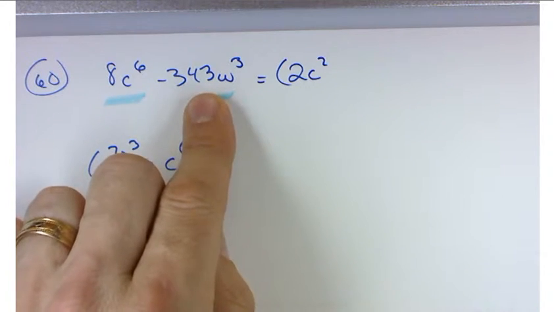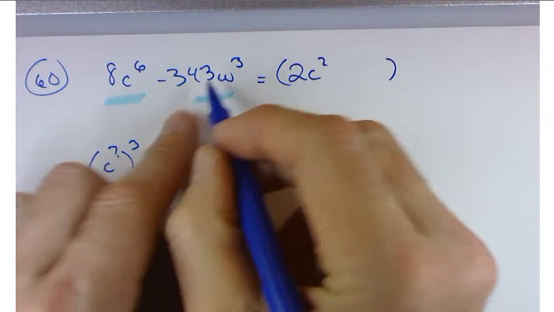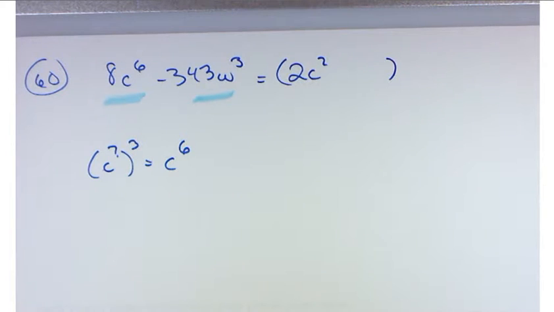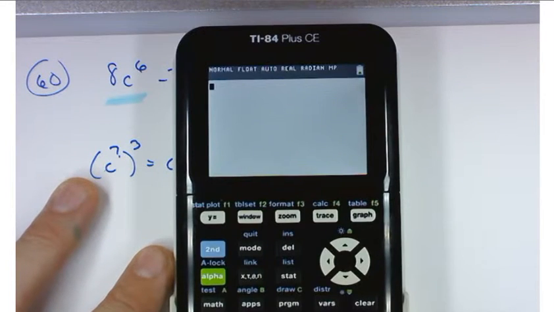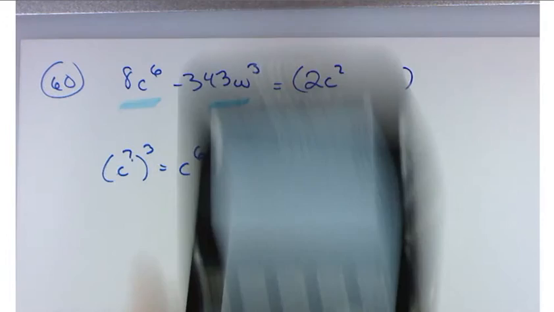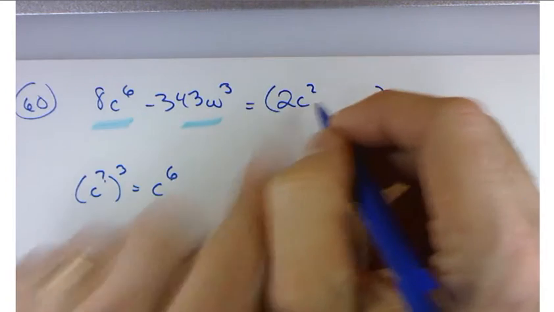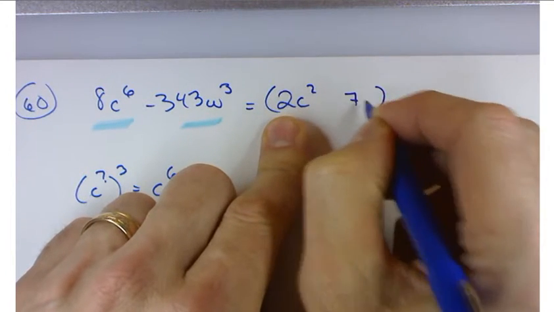How about the next term? What am I going to cube to get 343? 7. If you're not sure, look at the left-hand side board. You can also take out your calculator and start trying a few things. 5 raised to the 3rd power is 125. No, that's not enough. Then work up the ladder. 6 raised to the 3rd power, etc. And then finally you hit upon 7 raised to the 3rd power. That's 343.